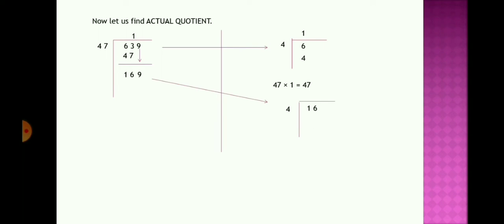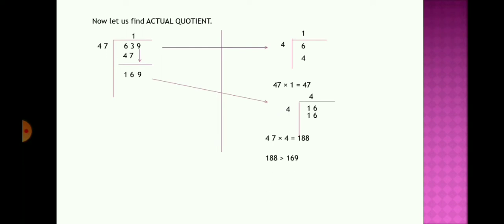Now from the table of 4, we know that 4 fours are 16. Now we have to check with the actual divisor. So 47 four times we need to check. 47 fours are 188. But what happened, children? 188 is more than 169.